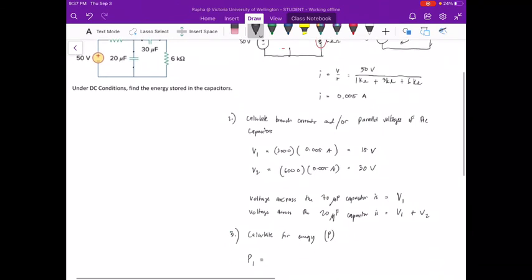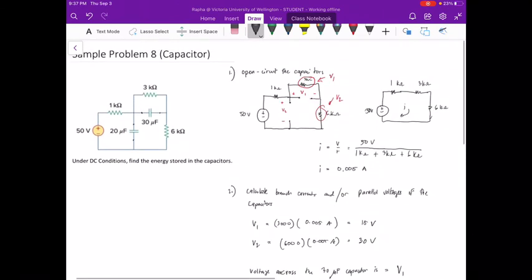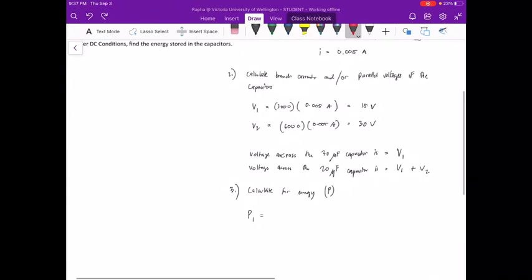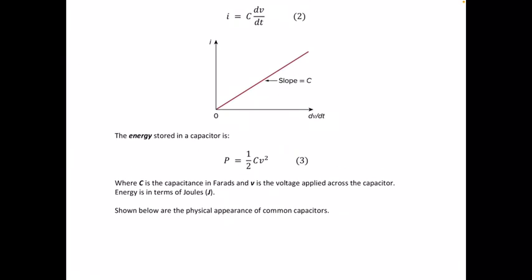This is what the textbook has been annotating for energy. They are represented by P. So let us solve for the energy that is stored in this capacitor over here. As we have learned in the handout, the formula for energy is 1/2 CV squared.